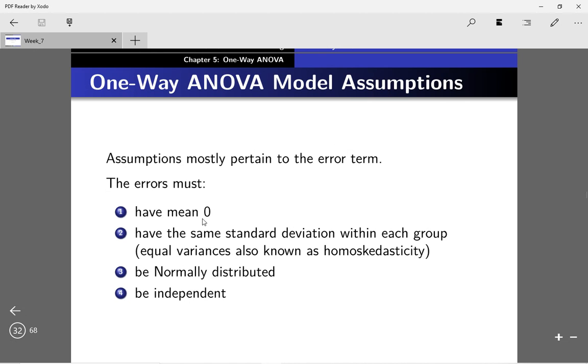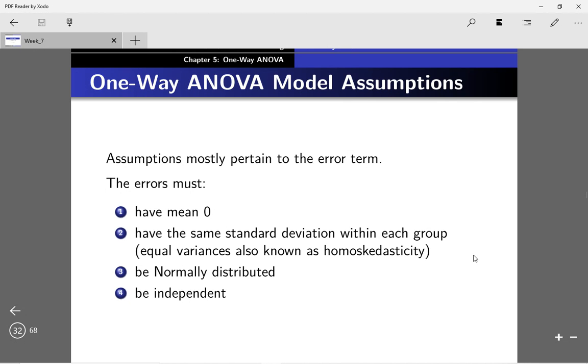So errors must have mean 0, which they usually do by construction. We have to have the same standard deviation within each group for the residuals. So this is that homoscedasticity assumption again. We need the errors to be normally distributed, and we need them to be independent.